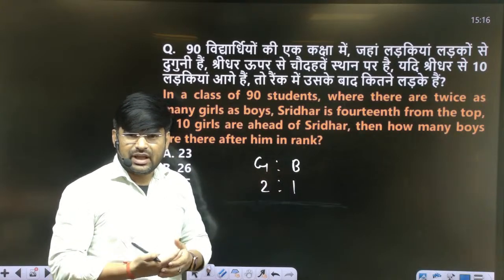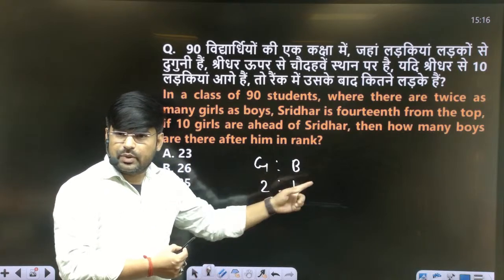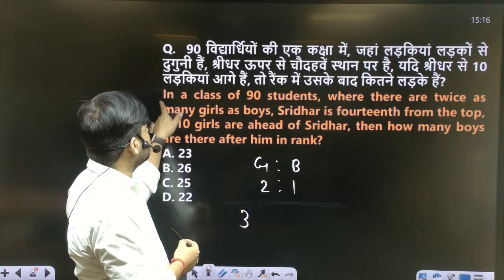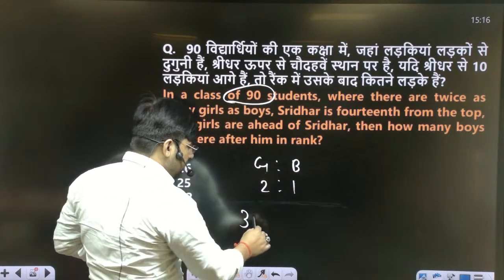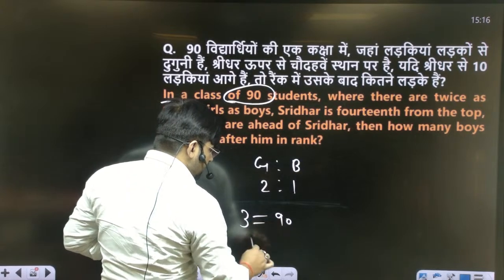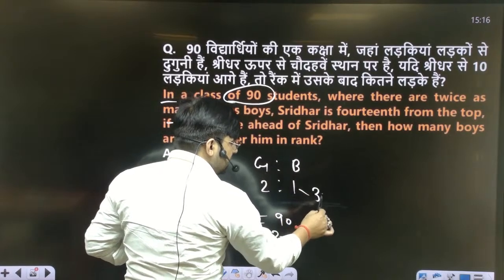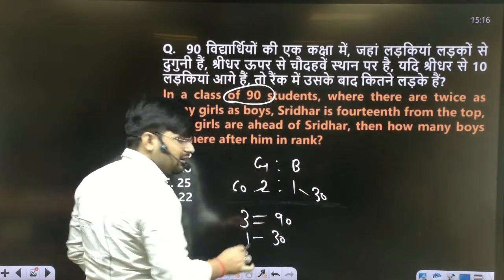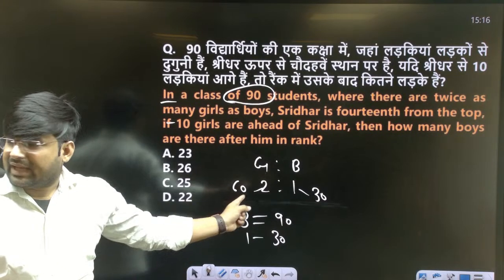If you add the total number, you will get 3. 2 plus 1 is 3. But in the question they have given the total number of students as 90. So 3 equals 90, so 1 equals 30. It means boys are 30 and girls are 60. Is it clear? Any doubt?